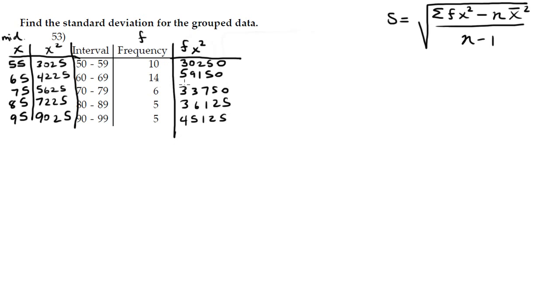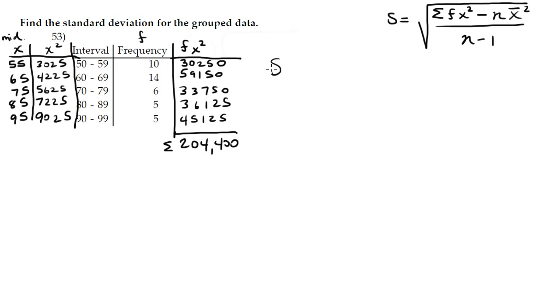So that's my frequency times the x squareds. Let's add these up so we get that sum there. 30250 plus 59150 plus 33750 plus 36125 plus 45125. That is 204,400.